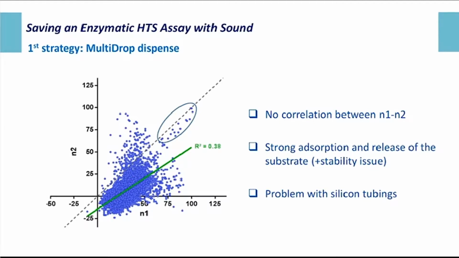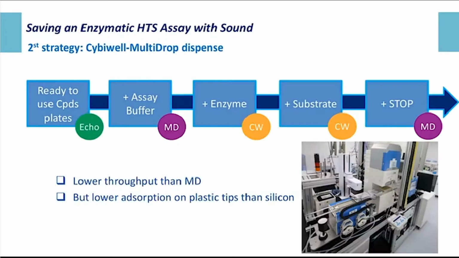Because we were quite short in time, we decided to change the automation system, and I will present in the coming slides the second strategy. After the bad surprise with the multi-drop, we decided to use another liquid handler we've got in the lab, the Servier.